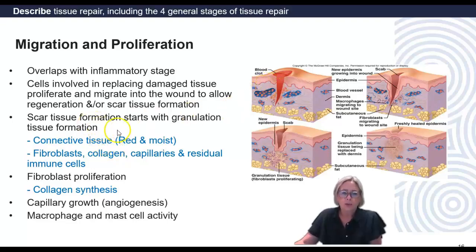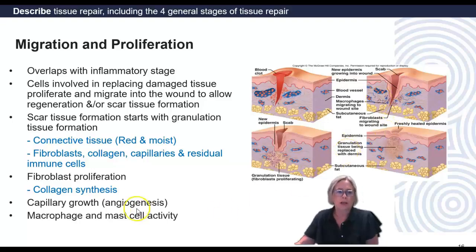Now, scar tissue formation starts with a particular type of connective tissue called granulation tissue forming, and this is a very red and moist tissue. It's called granulation tissue because it does appear kind of granular and lumpy, and it's due to the presence of these proliferating fibroblasts that are making collagen.